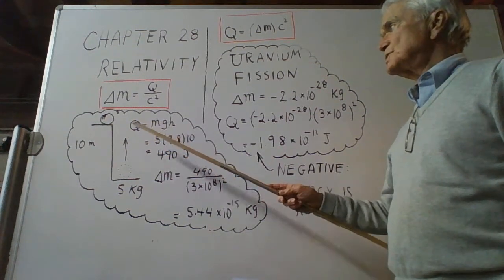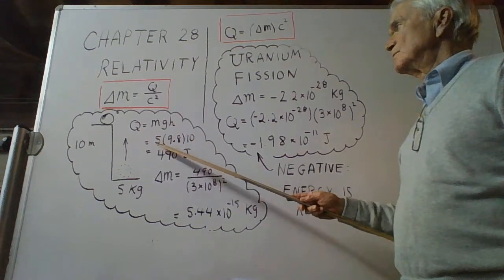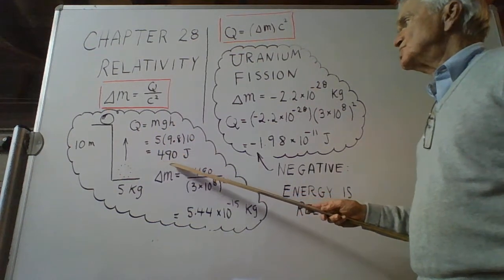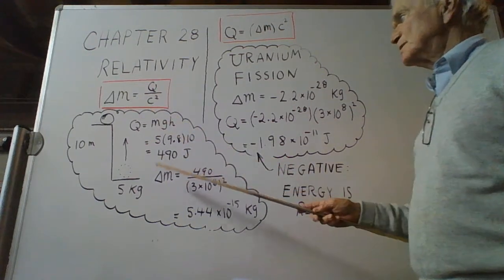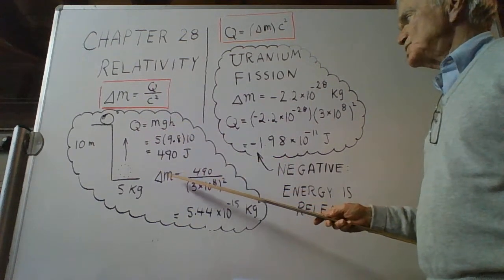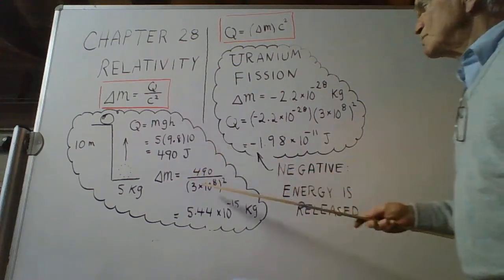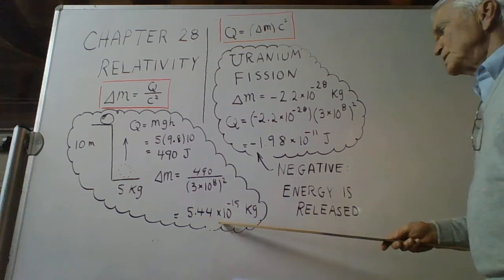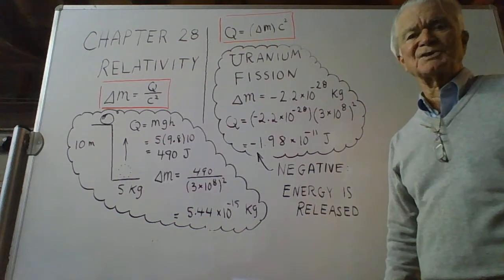The gravitational potential energy increase is mgh, which works out to 490 joules. This equation predicts that the object's mass will have changed by this amount, Q over C squared, a very small number. No wonder we never notice such a change in mass.